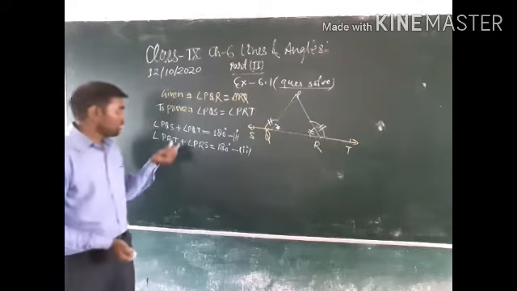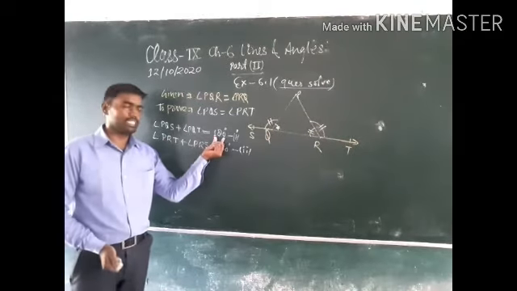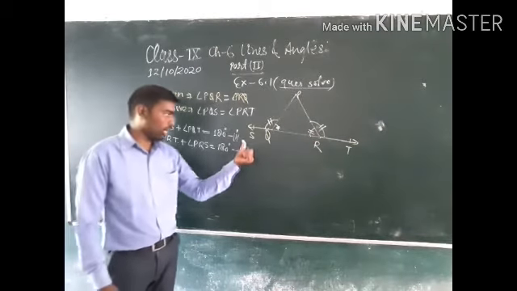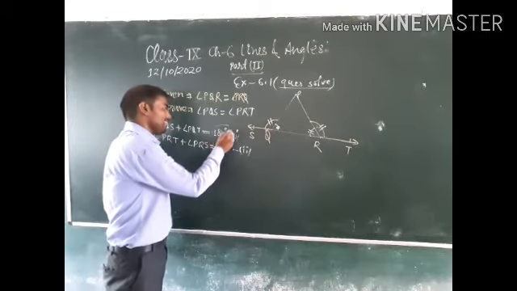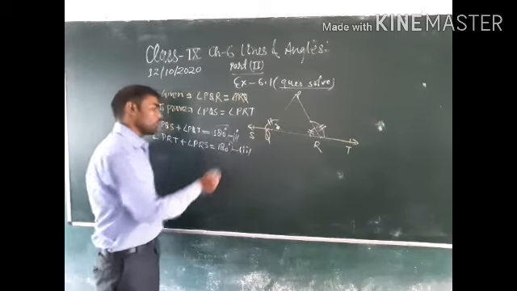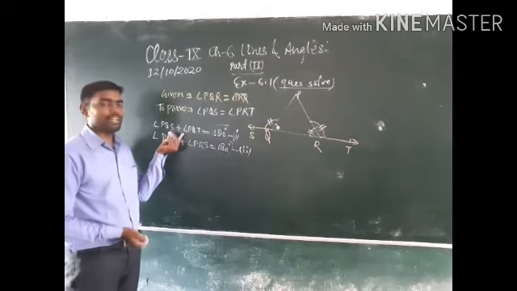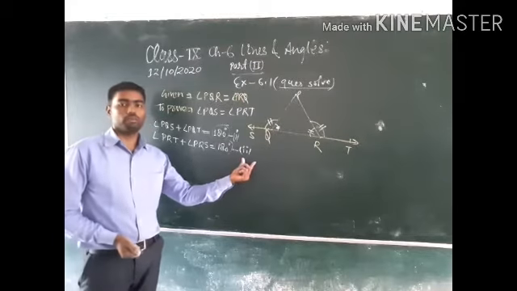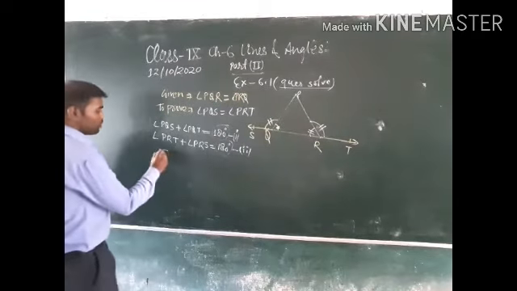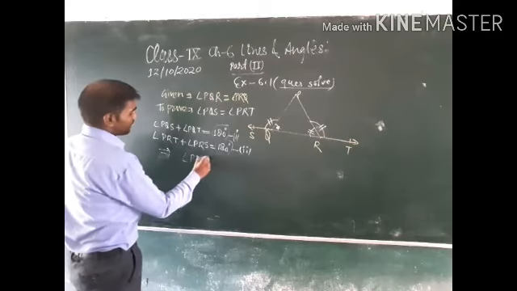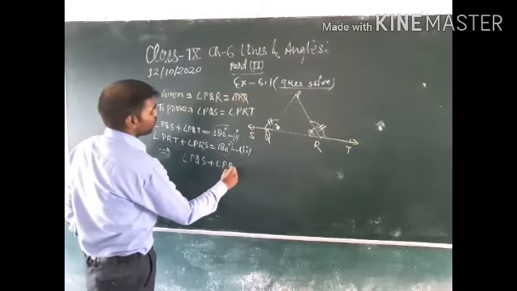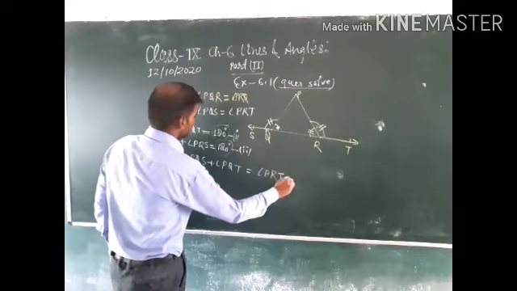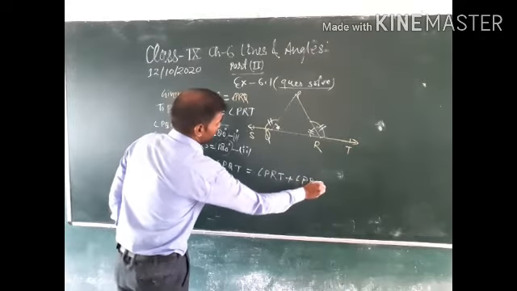Now this is the left hand side and this is the right hand side. From equation number 1 and 2, this 180 degrees and this 180 degrees are equal to each other. So it means the left hand side of equation number 1 is equal to the left hand side of equation number 2. So we can write angle PQS plus angle PQT is equal to angle PRT plus angle PRS.